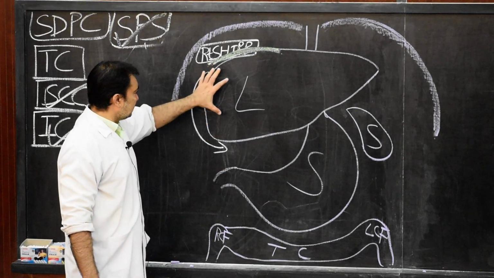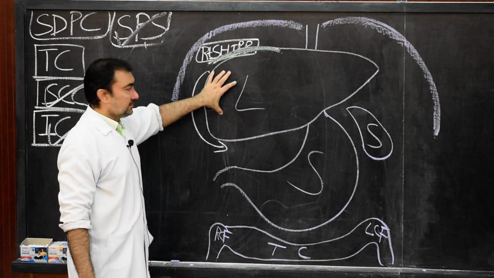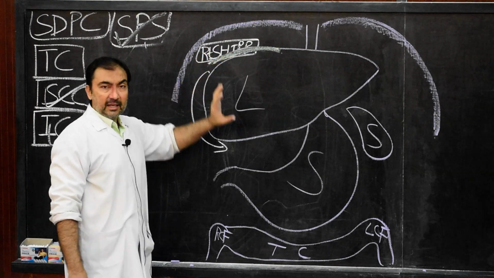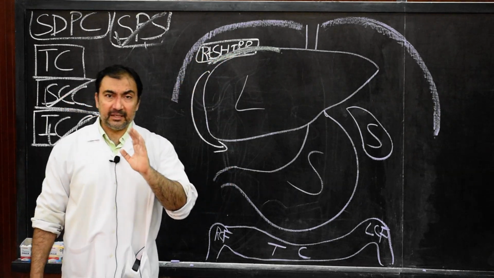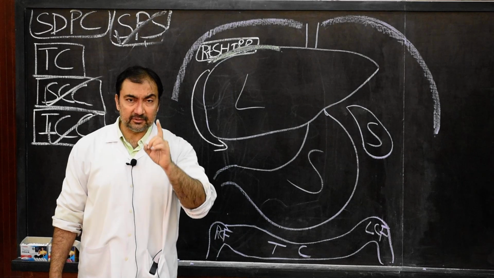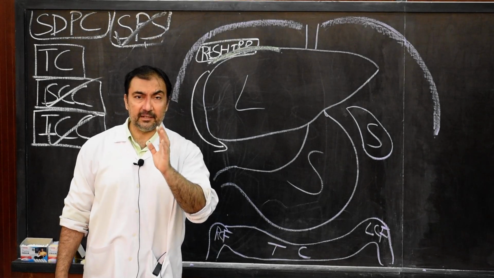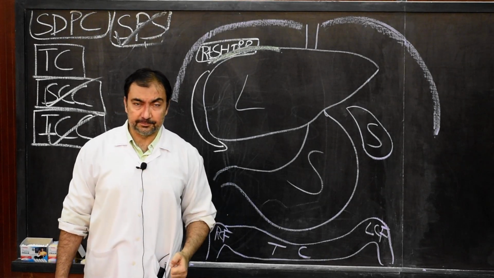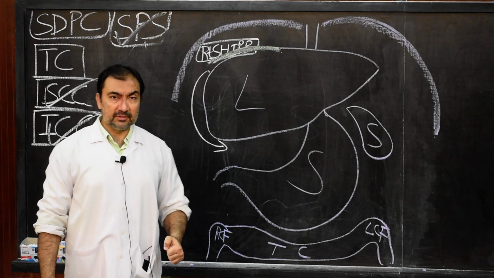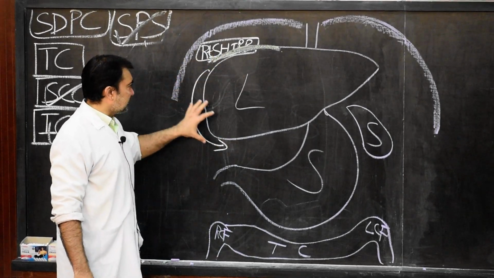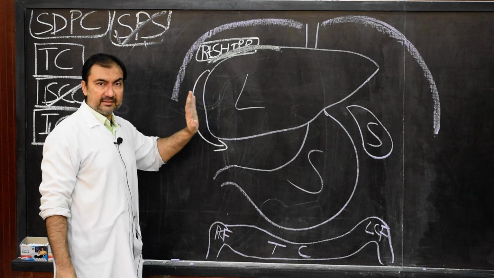So this recess is the right suprahepatic recess, also known as the right side intraperitoneal recess. So this is how the entire structure of the right suprahepatic recess will be.